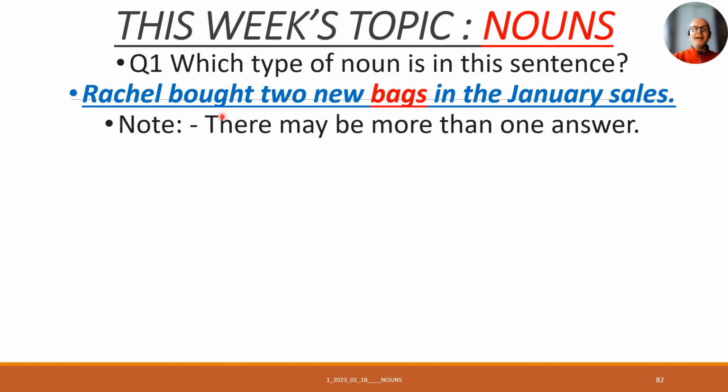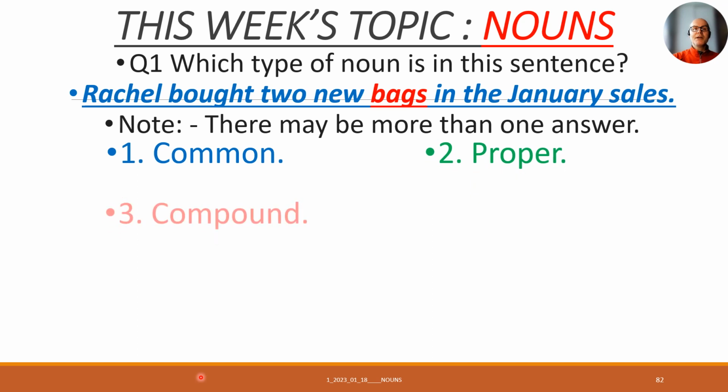bags in this sentence. Rachel bought 2 new bags in the January sales. Which type of noun is bags in this sentence? There may be more than one type of noun that bags is in this sentence. Is it common? Is it proper?